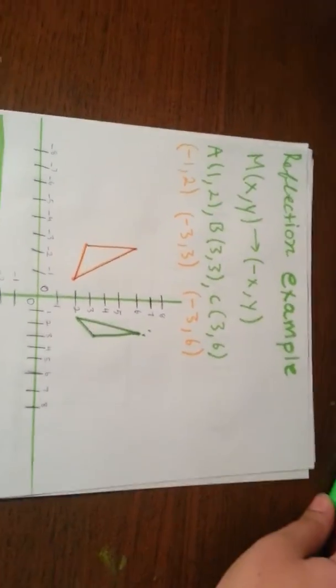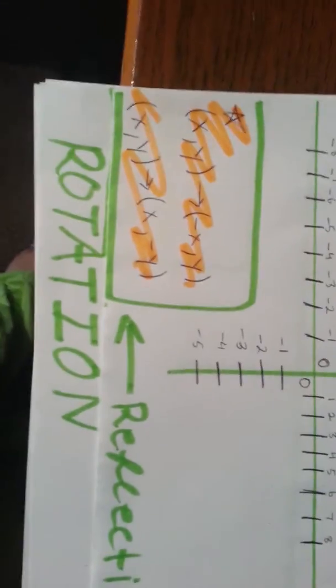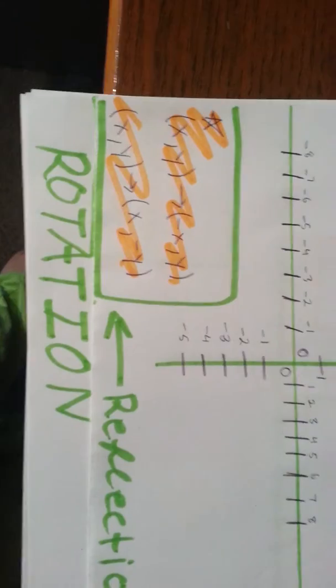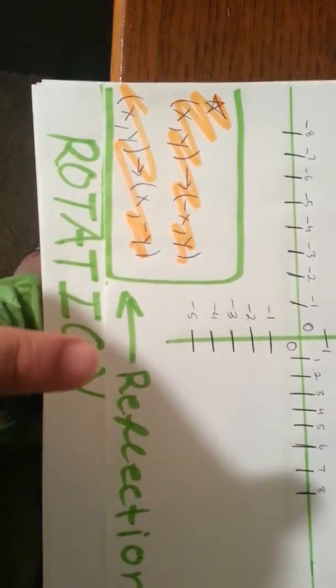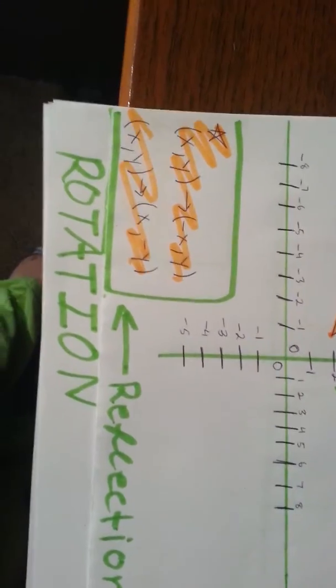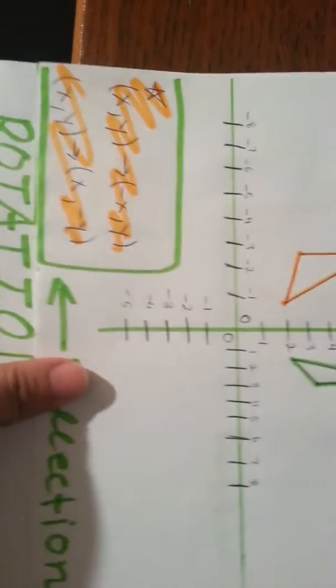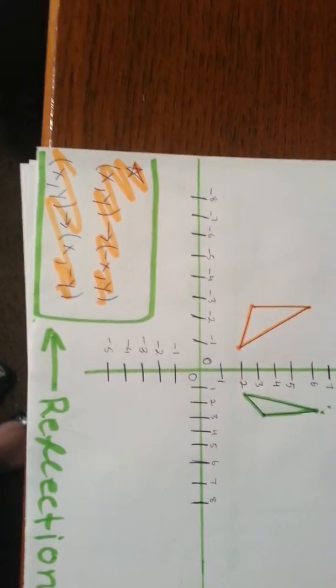And the reflection is basically this. When you make the x a negative and the y stays the same, another way it can be a reflection is if the x stays the same and the y becomes a negative y.